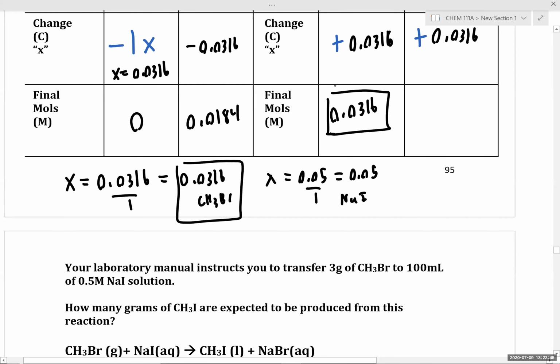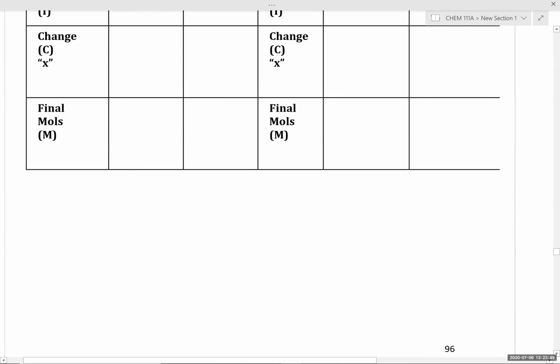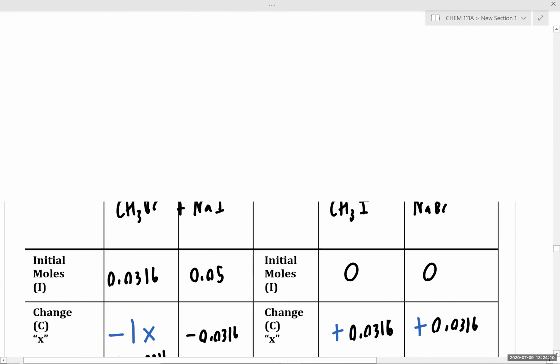So we have 0.0316 moles of sodium iodide. So now all we have to do is, if we have our 0.0316 moles, convert to the grams. Oh, whoops, sorry, that's not sodium iodide.